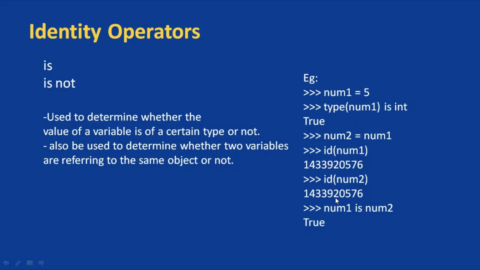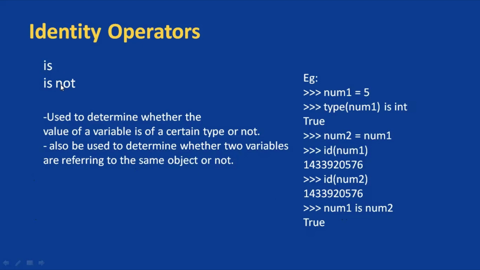The same id will be printed. From this we can conclude that both are referring to the same object. These two are referring to the same object. So num1 is num2, yes, it is true. Okay. I hope it's clear.